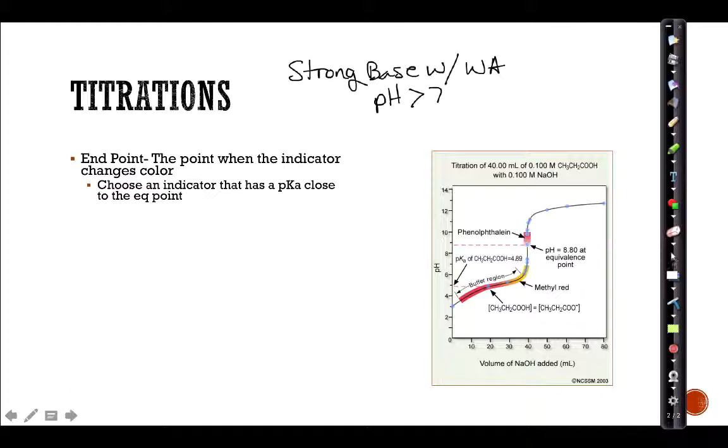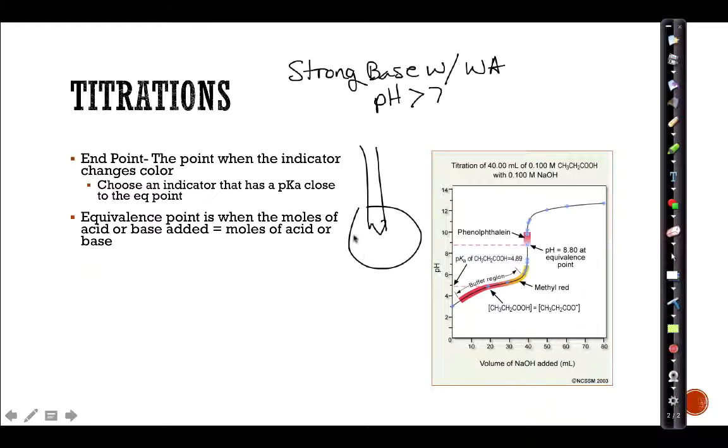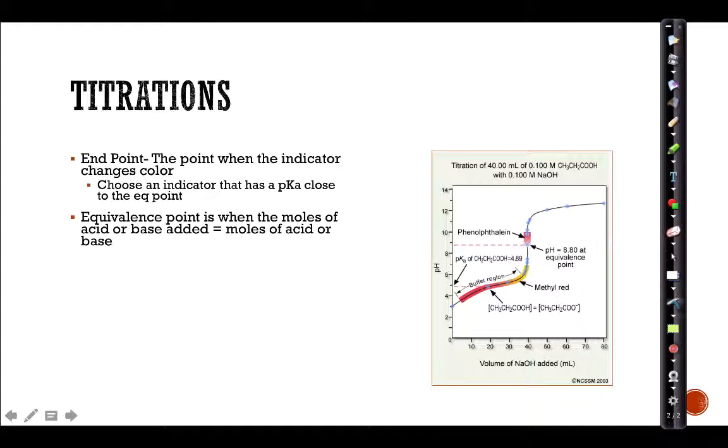All right, now, the equivalence point, remember, is the point at which the moles of acid or base that you add is equal to the moles of whatever it was present. So remember, you're titrating something, you're adding, you have your burette, and then you're going to be adding it to a titrant right here.